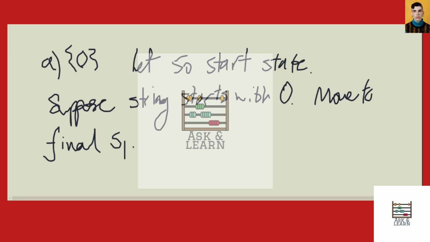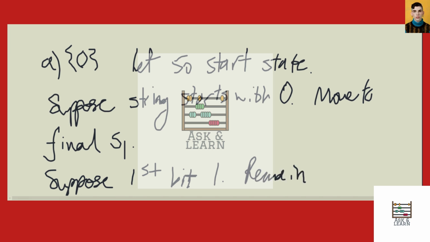And so what we have here is now an automaton that's only going to recognize 0. To see why, suppose that the bit at first is a 1. Then we're going to remain at the non-final state S0.